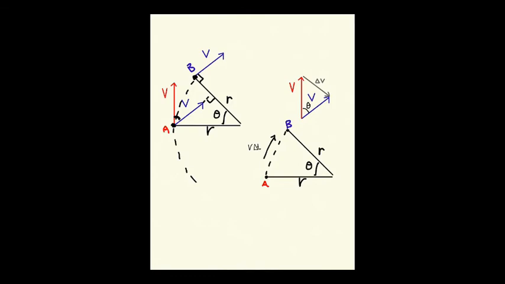Since these two triangles both have the same apex angle, I can make an assumption relating the theta for both triangles: speed times the change in time, the initial velocity, and the change in velocity, so that I can compare these two triangles. I can rearrange this to say that v squared over r is equal to a change in velocity over time.